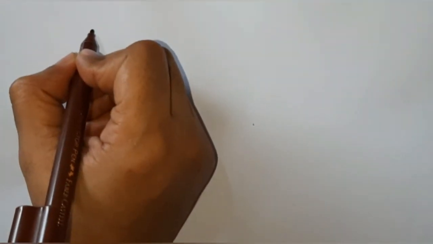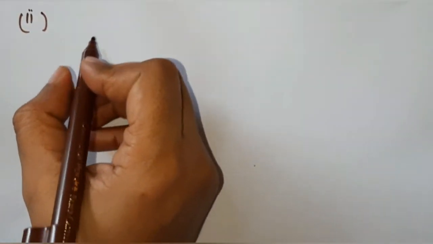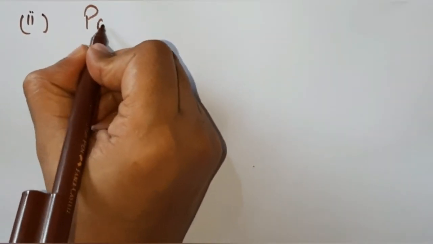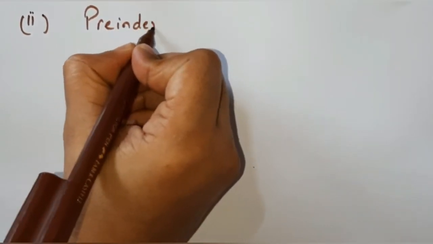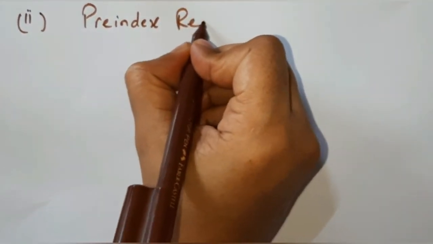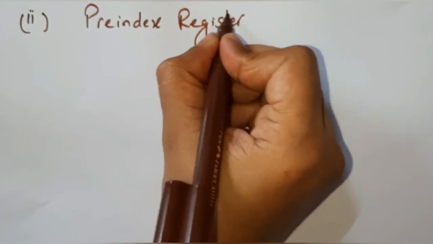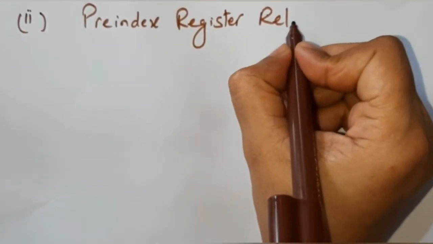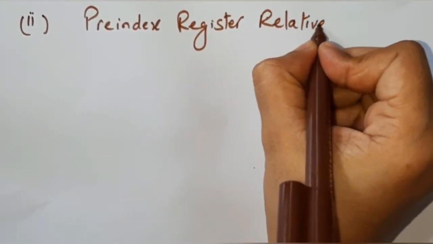Second part is pre-index register relative mode.